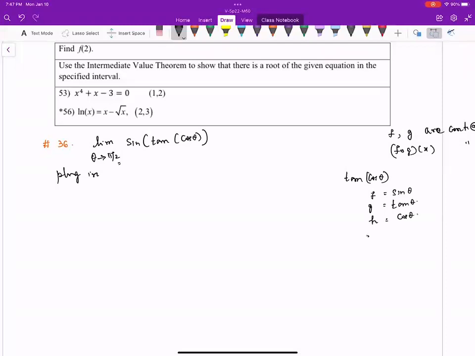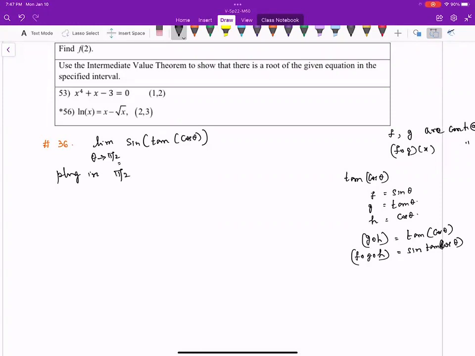So if you consider g composite h, it will be tan of cosine theta. Then f composite g composite h would be sine of tan of cosine theta. So it becomes a composite of 3 functions. We can consider that way. So plug in pi by 2.